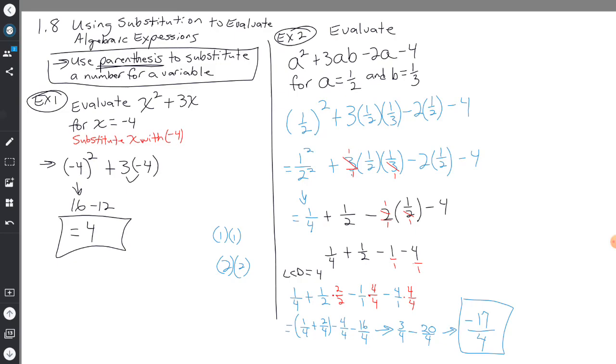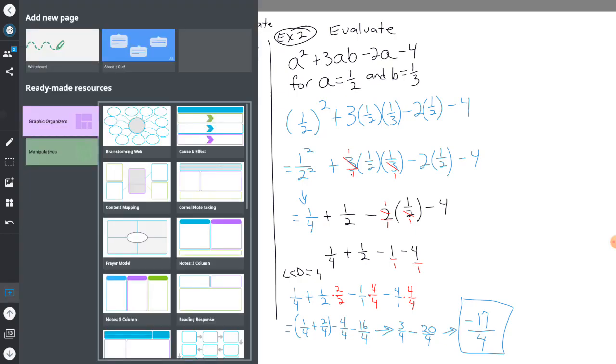So on page 113, you have formulas for perimeter and area for the different types of figures. Yeah, page 113. There's formulas.